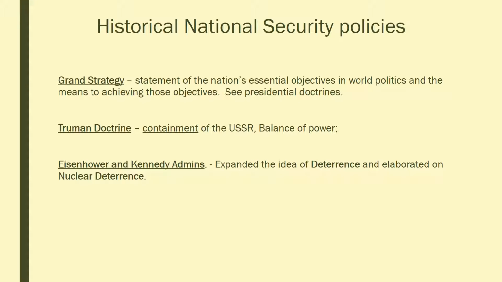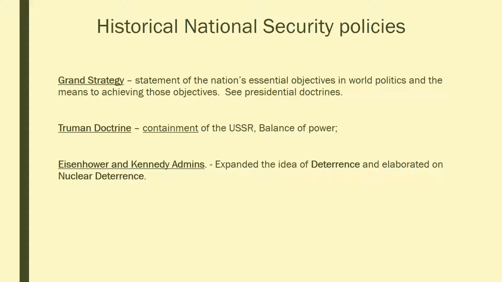If you remember back to our earlier lectures, we discussed the grand strategies of different presidents throughout our recent history. And most of the time when we discuss this idea of grand strategies, this is going to include how our national defense policy is formulated. Our foreign policy is defined in this grand strategy, and of course, national defense policy is a large part of our foreign policy.